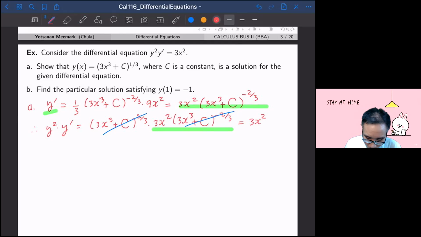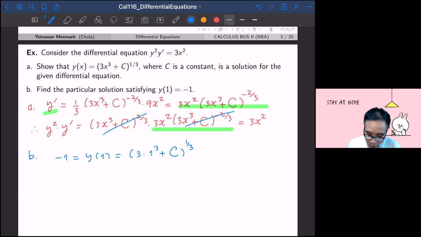For your part B, you're going to find the particular solution satisfying y of 1 equal to -1. So y of 1 is going to be 3 times 1 to the 3rd plus c, to the 1/3.